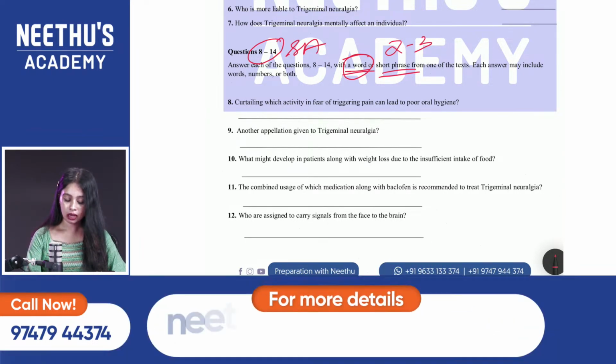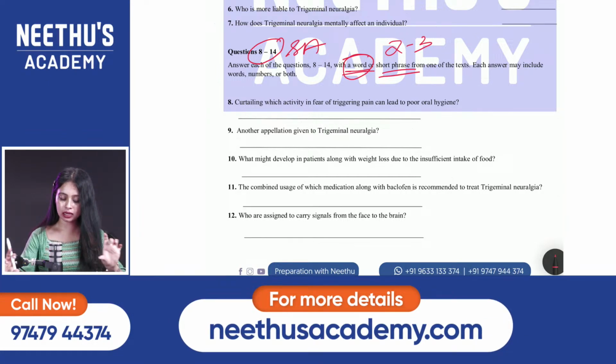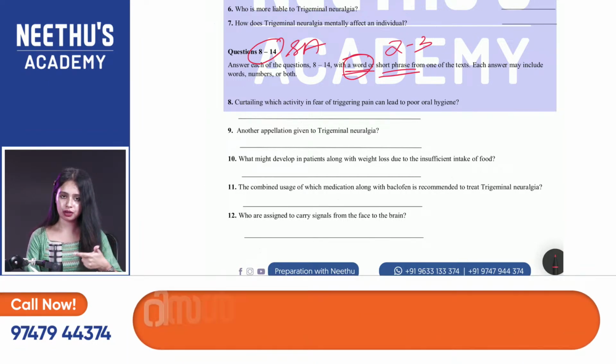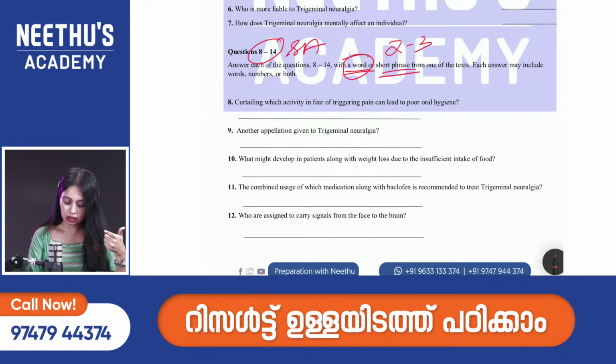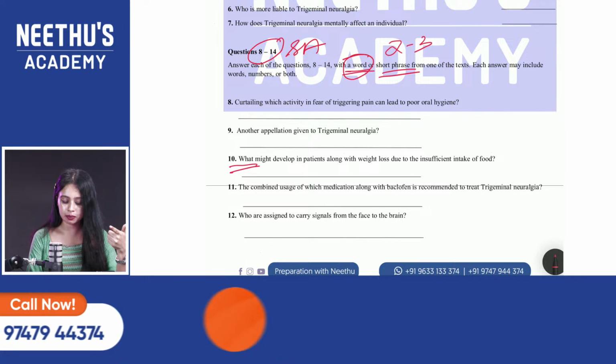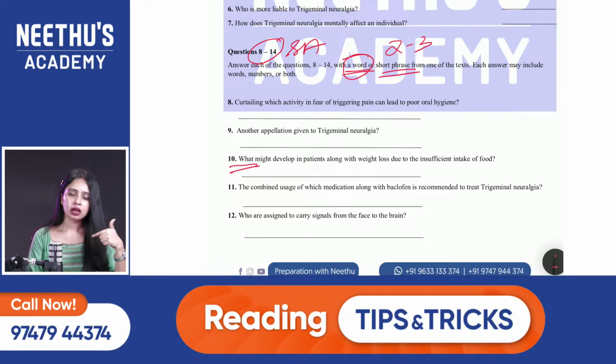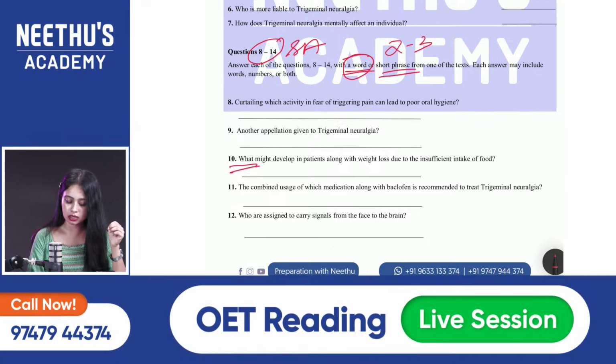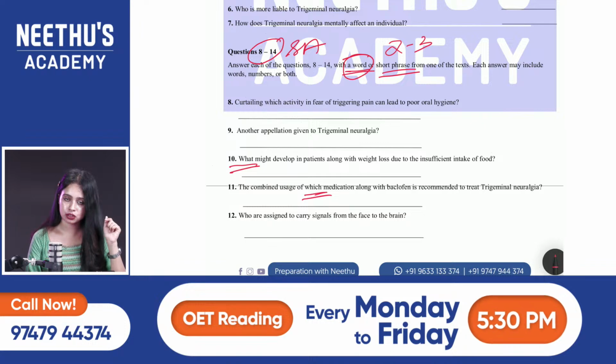And the pattern or the sentence structure will be different. For example, as you can see here in question number 10, the sentence starts with the question: what might develop? And see the next one, the 11th: the question is starting from the middle of the sentence, the combined usage of which medication? That is another sentence structure.